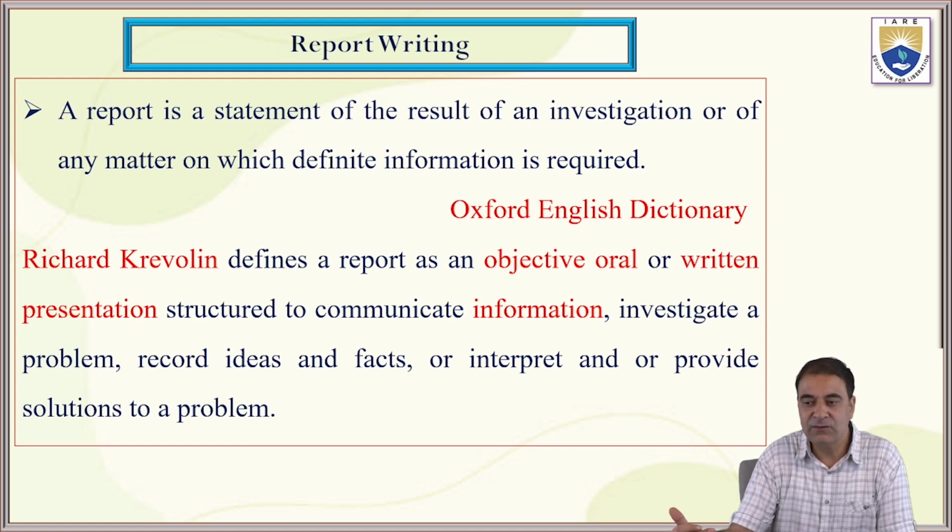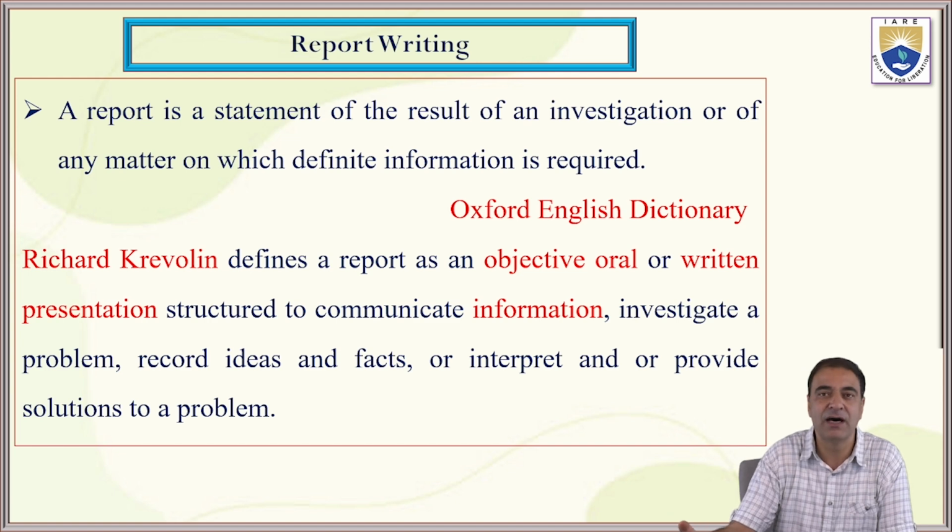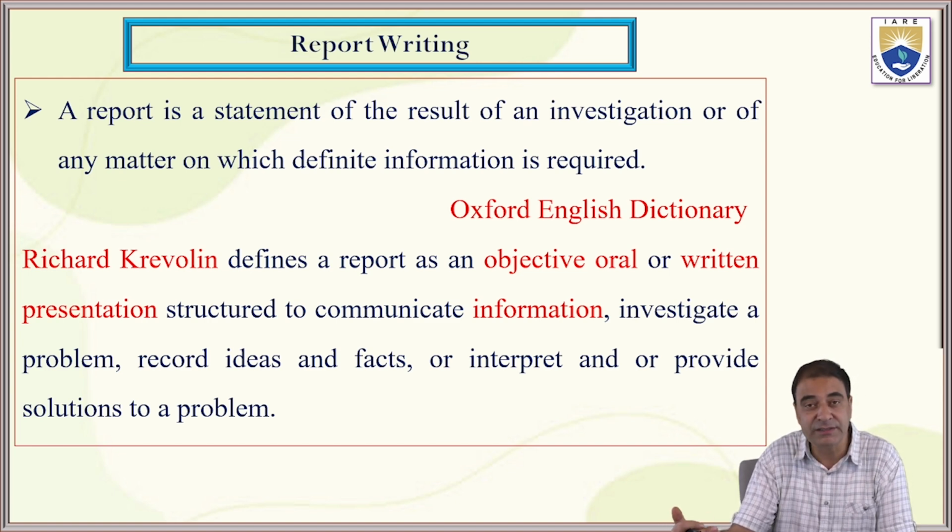That's why while reporting, we often say it's believed or according to sources. We never say I believe. We never use first person pronouns. Why do we avoid first person pronouns? We avoid them in order to make the report objective, in order to make it unbiased.